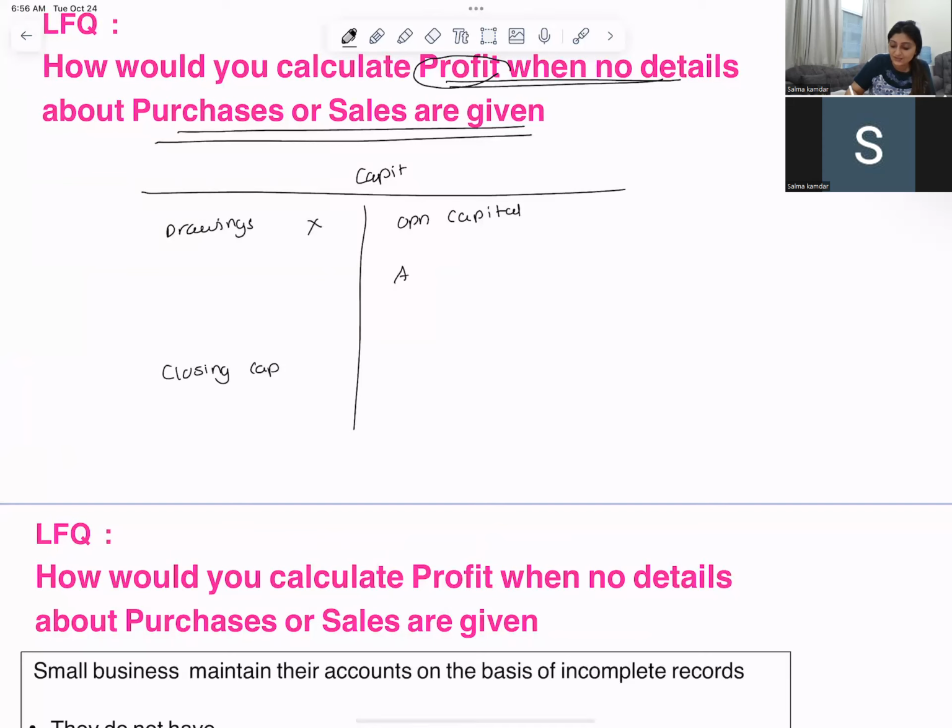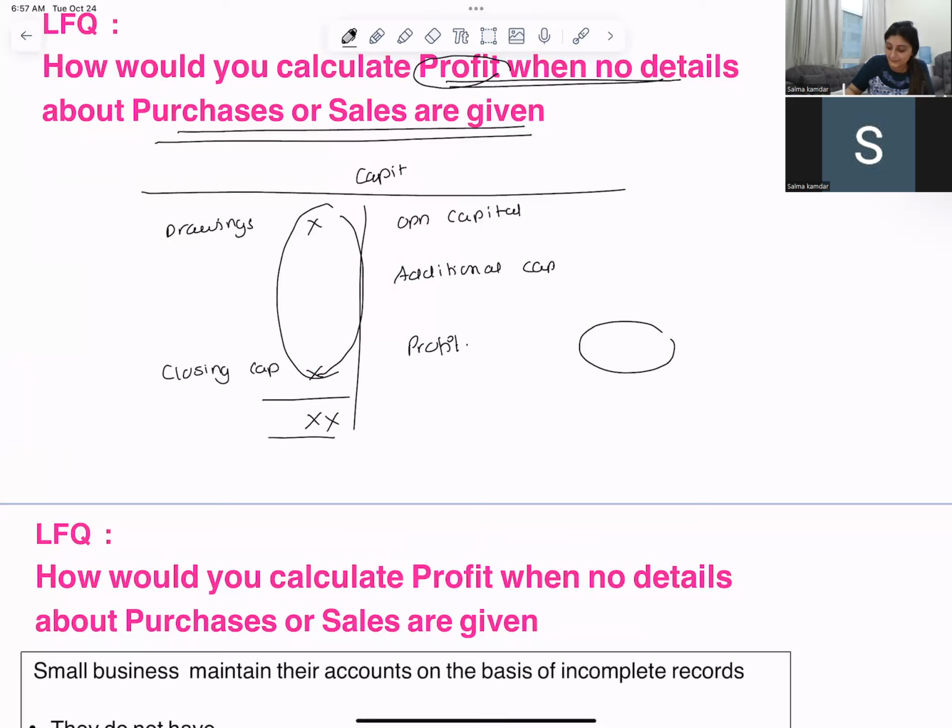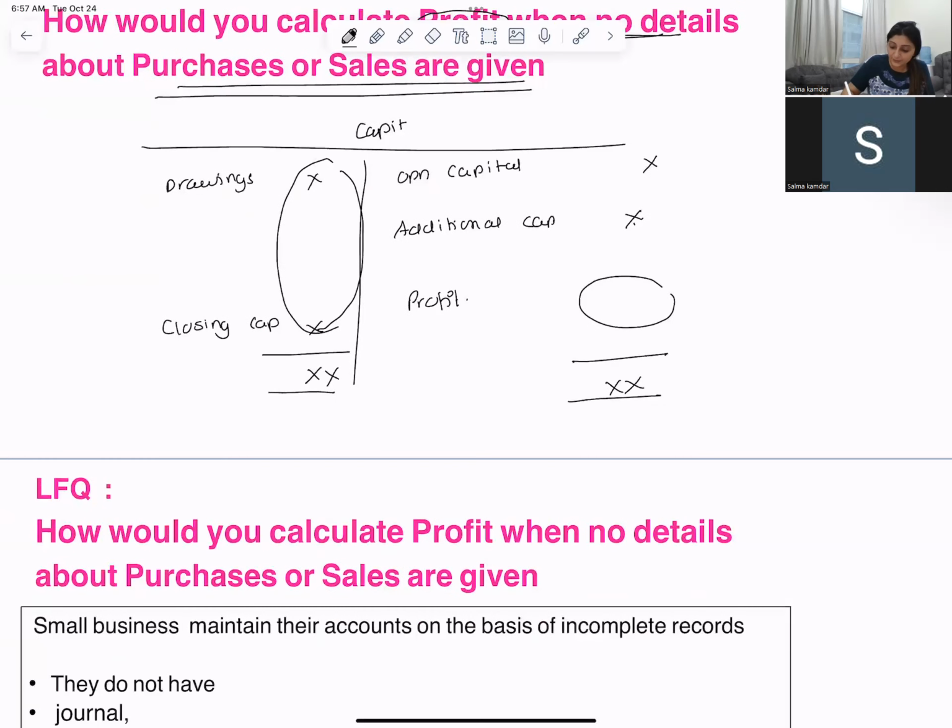If you have any additional capital, it will be over here on the credit side. Then you will have to find out the profit. How do you find out the profit? To closing capital, you will add drawings, and you will get a figure on the debit side. From that, you subtract the opening capital and the additional capital, and you will get profit as your balancing figure.